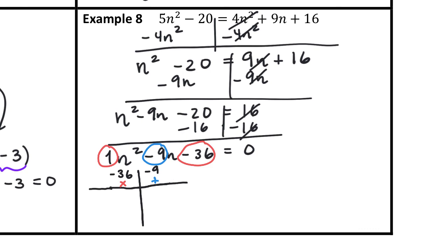What should come to mind is negative 12 and positive 3. Multiplying these two would give me negative 36, and if I add them, negative 12 plus 3 gives me negative 9. So this checks off.